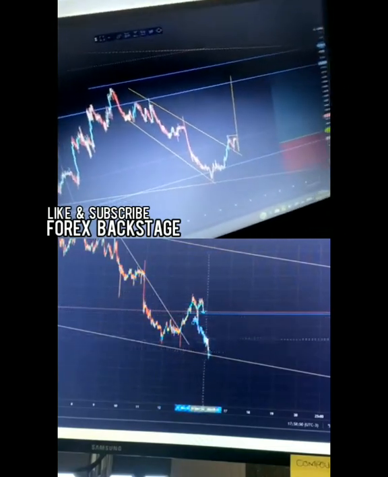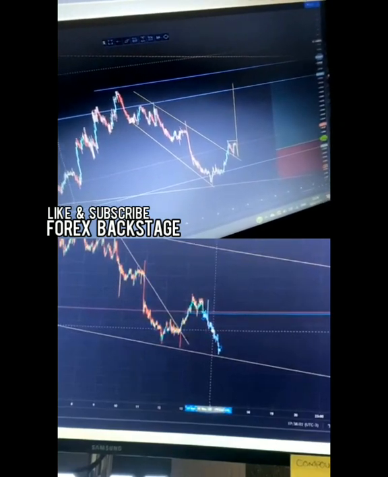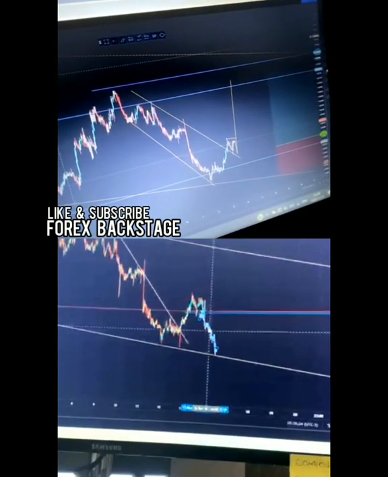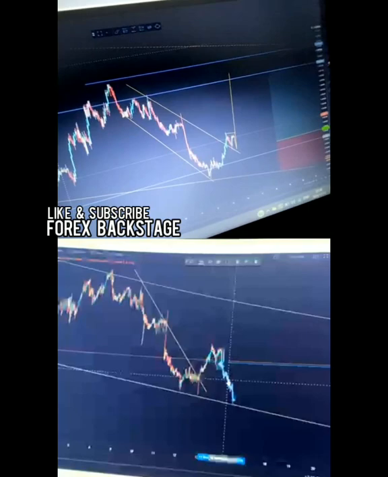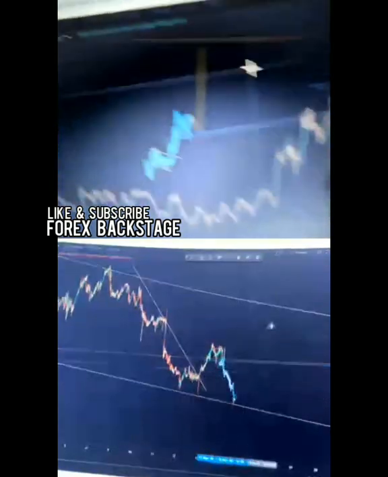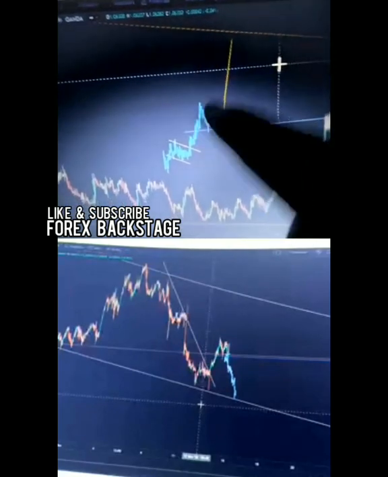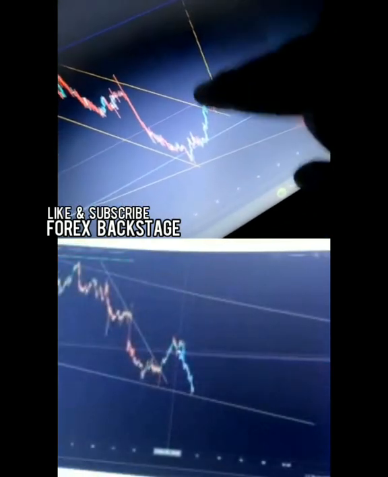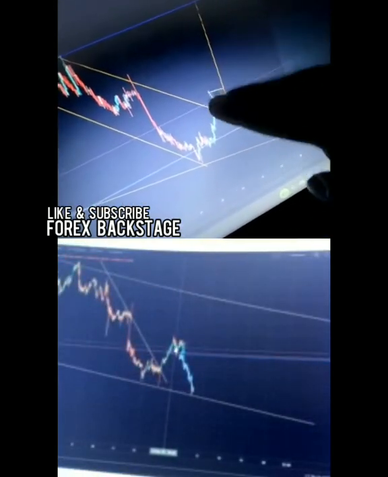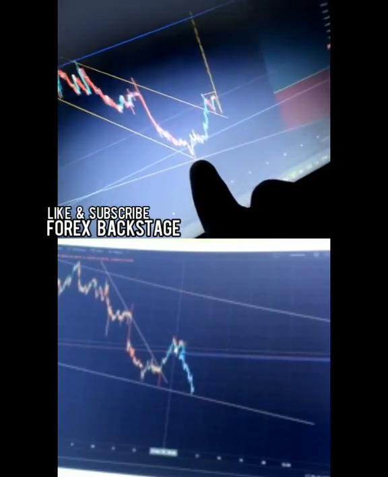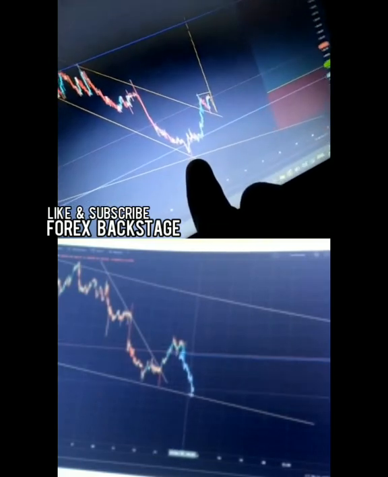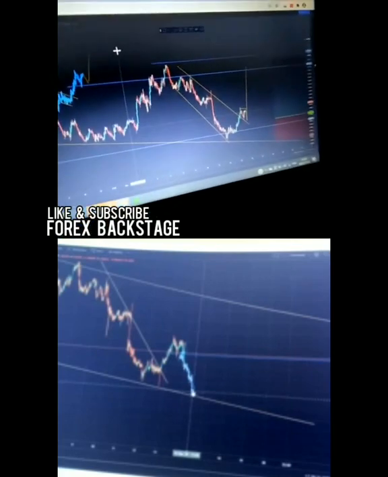Would you say the market is going to potentially do this? That can be possible. It might come to this neckline, or it might come to the lowest low for a picture perfect double bottom, and then move up.